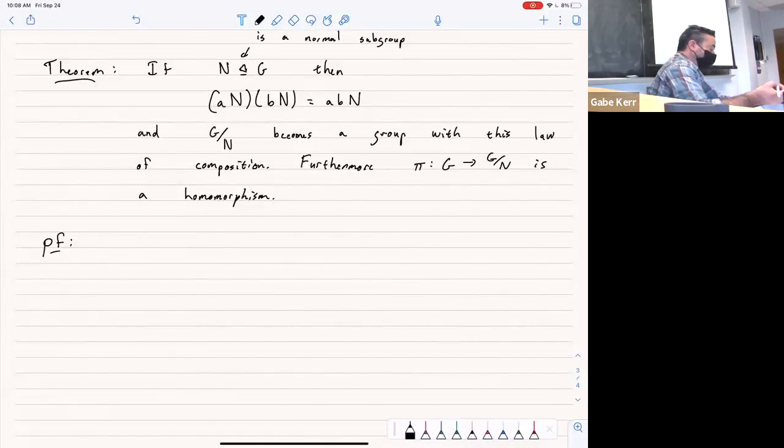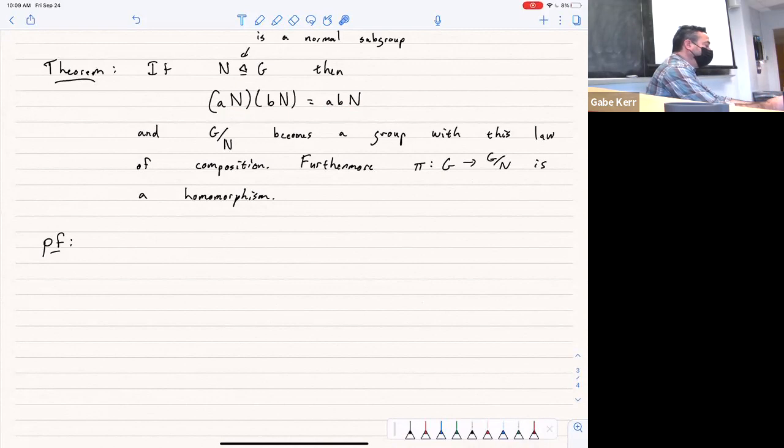It's not hard. I'm going to let you play with this as much as you want, but the important part of this theorem is that this is independent of the choice of a and b.